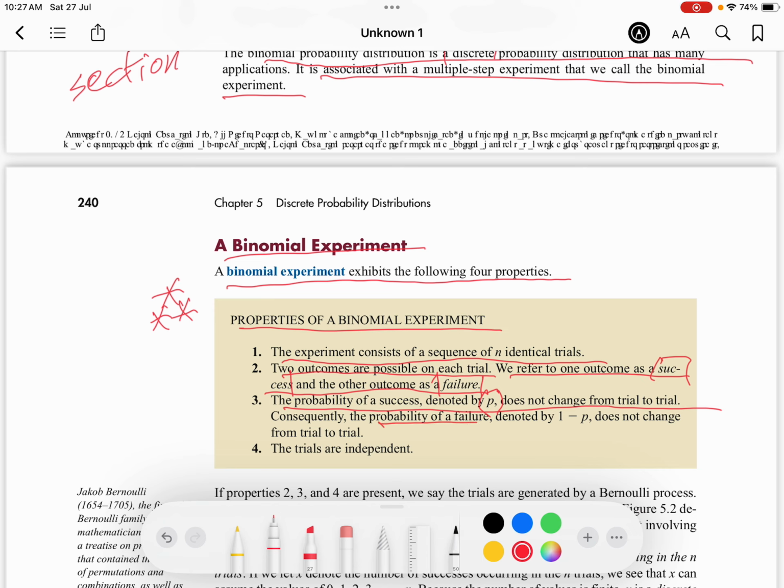And the probability of failure, 1 minus p, doesn't change from trial to trial. The trials are independent. Then the four important properties: the trials are independent, the experiment consists of a sequence of n identical trials, the outcomes are two, success and failure, probability of success p, probability of failure 1 minus p, and it doesn't change from trial to trial.